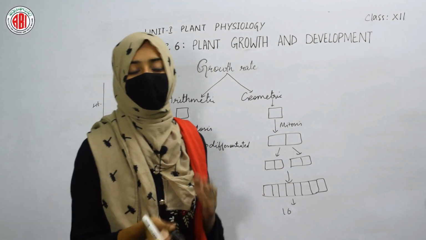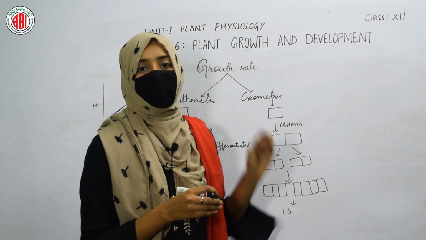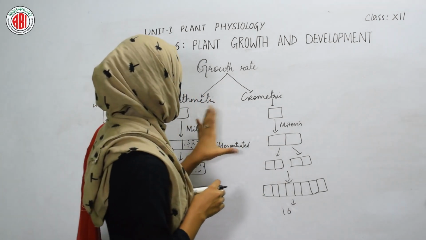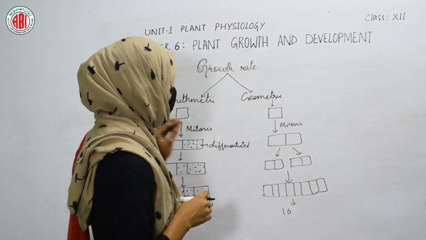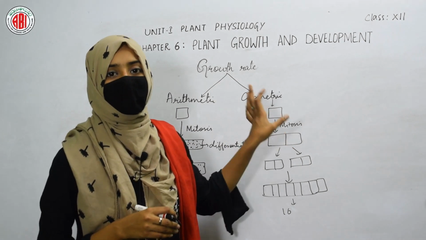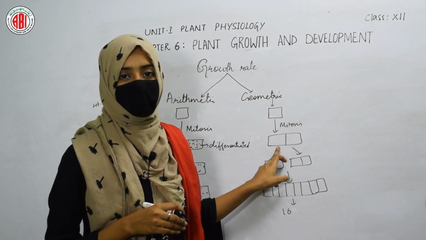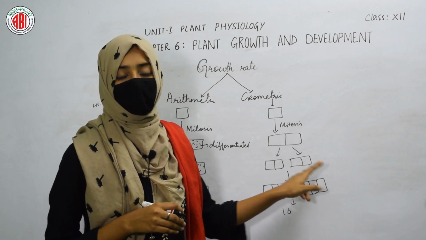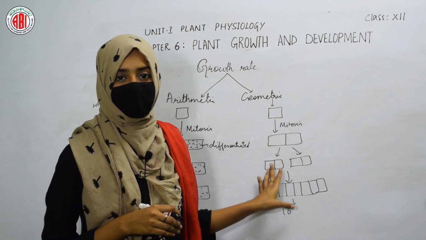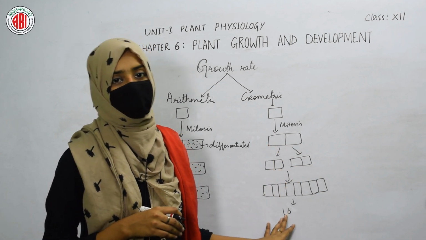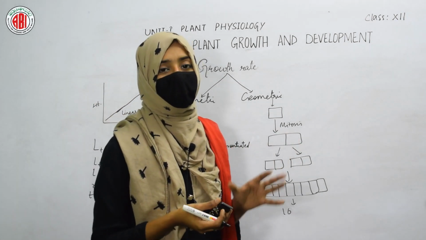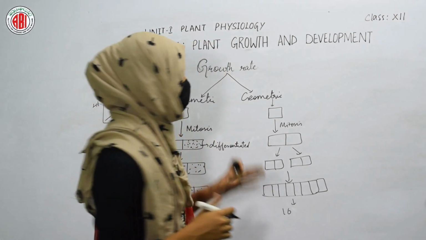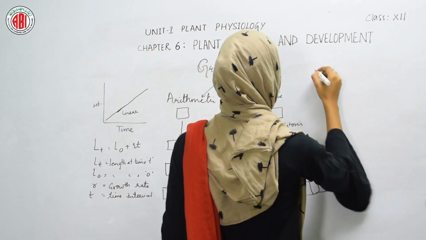Likewise, the cells are continuously adding up in the plant body, and the plant increases in size or width. So one parenchyma cell undergoes mitotic division to give 2 daughter cells, then 4, then 8, then 16. Likewise, the cells are continuously added up in the plant to form the different tissues. This is about the geometric growth of the plant.